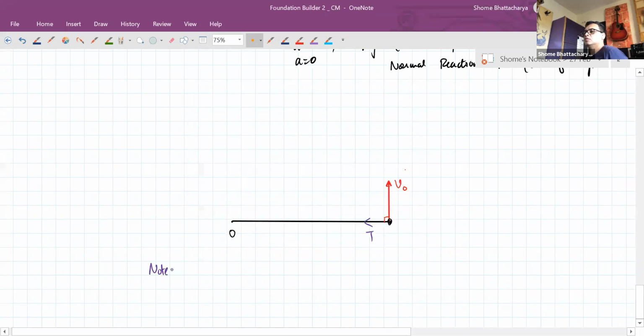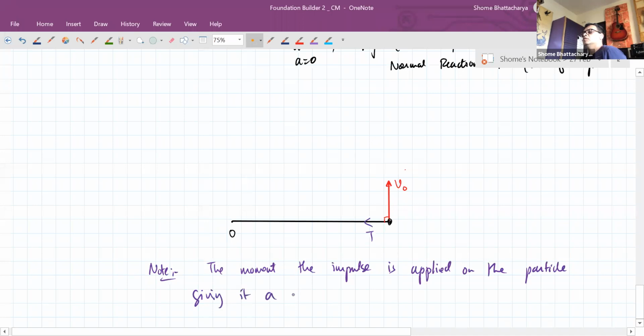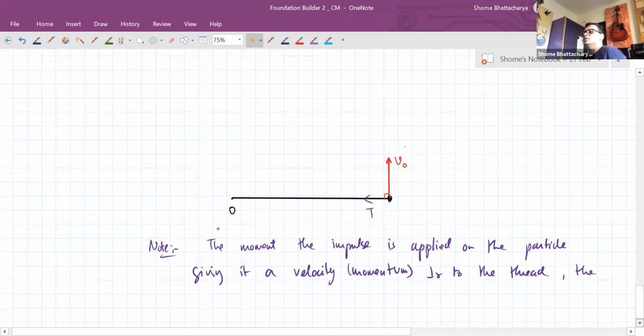So the moment the impulse is applied on the particle, giving it a velocity or a momentum perpendicular to the thread, the thread tightens up.